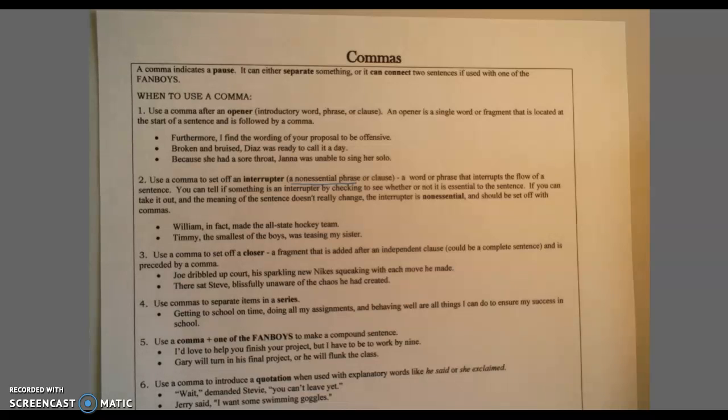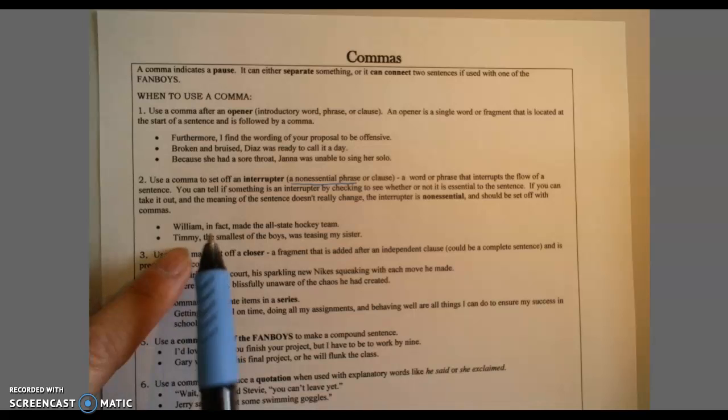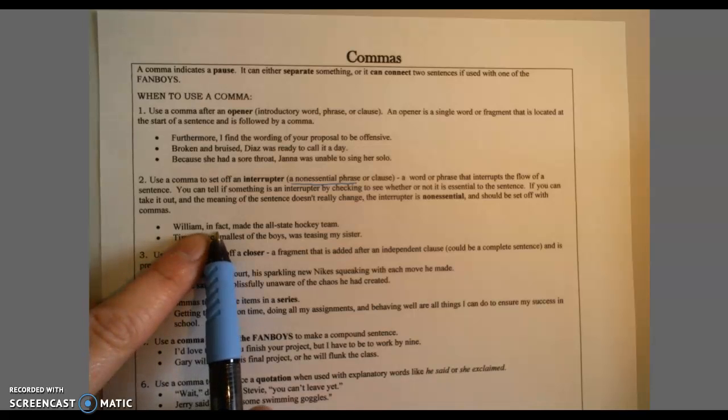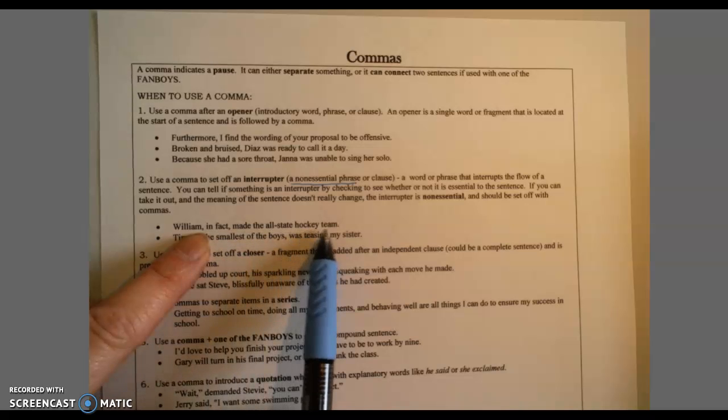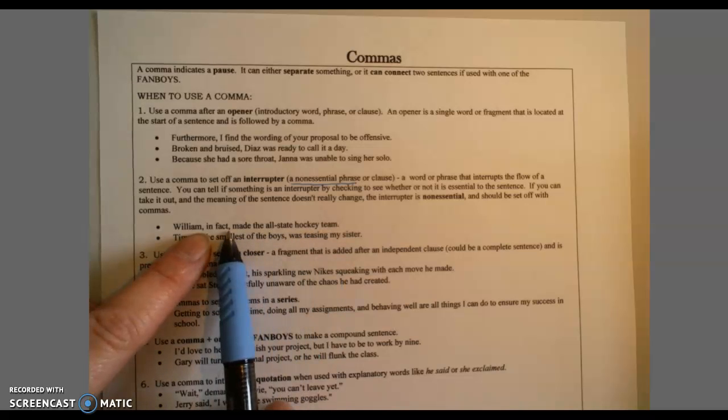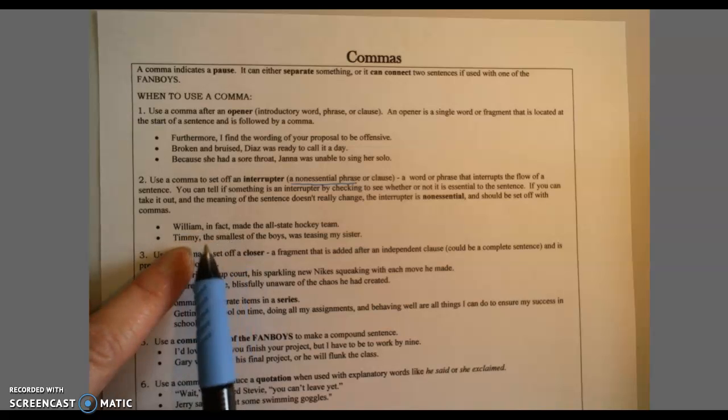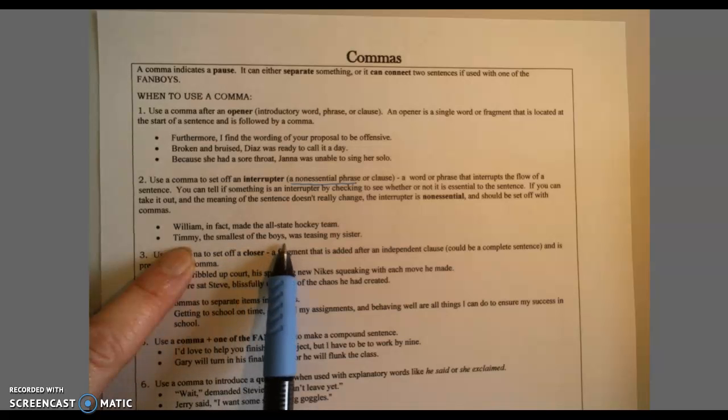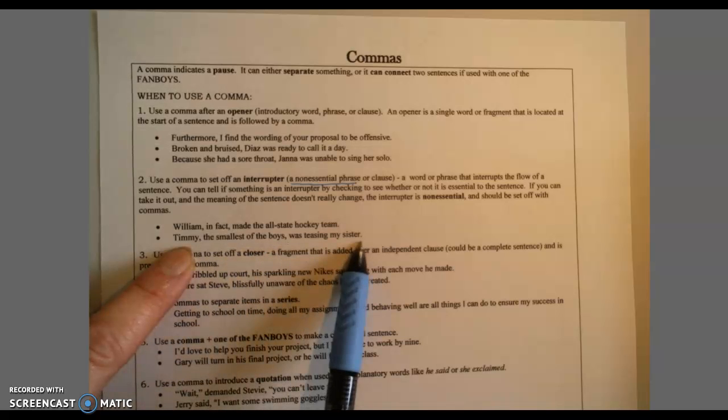It's just extra fun, fluff stuff. And so there needs to be a comma on both sides of it, okay? Like William, in fact, made the all-state hockey team. In fact is an interrupter that doesn't need to be there, so it's set off by commas. The second example is Timmy, comma, the smallest of the boys, comma, was teasing my sister.